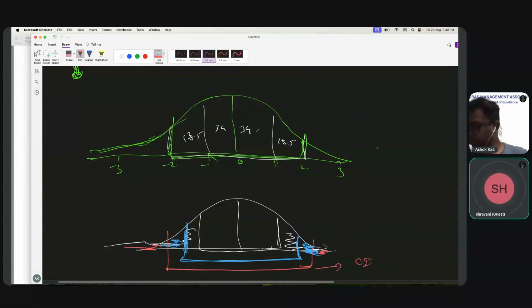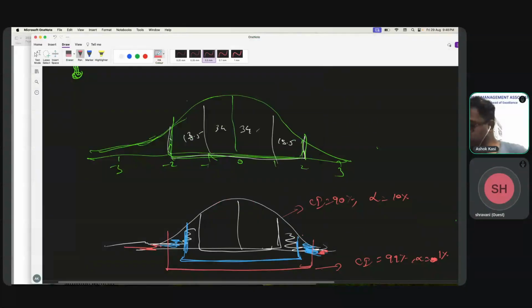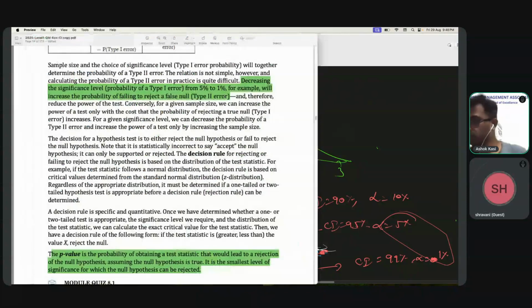This one, confidence interval is 90%, level of significance is 10%. Confidence interval is 99%, level of significance is 1%. This one, confidence interval is 95%, significance level is 5. So decreasing it from 5 to 1 will increase the probability of failing to reject.